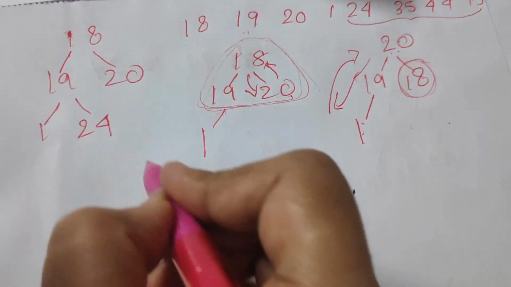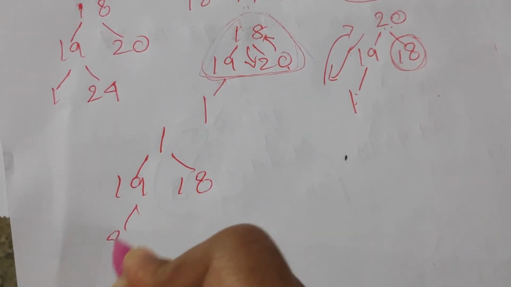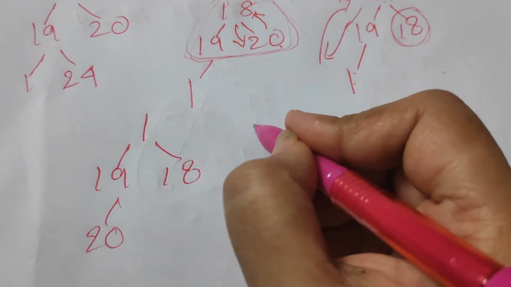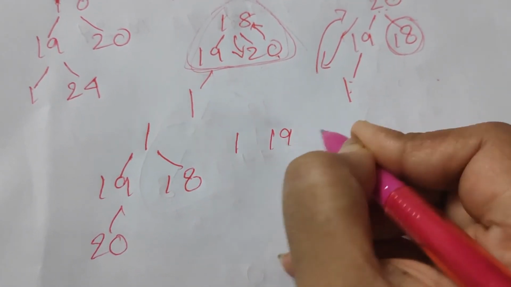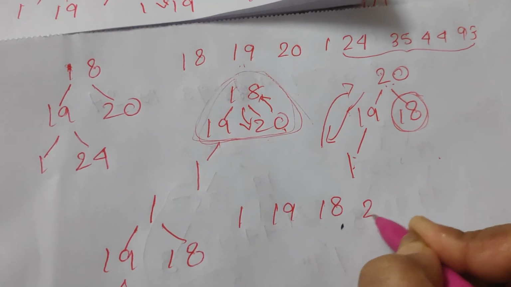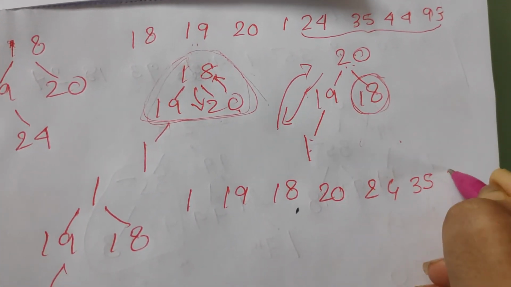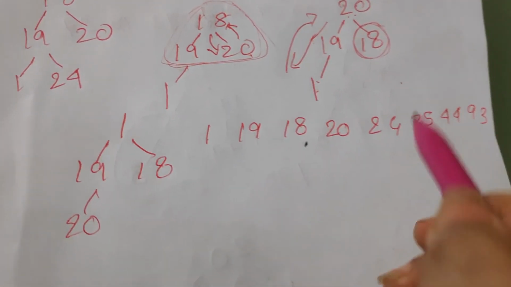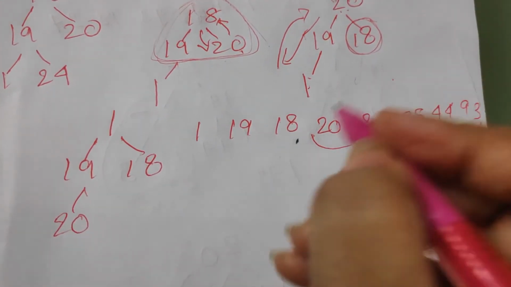So it will be 1, 19, 18 and 20. So now the array will look like 1, 19, 18, 20, 24, 35, 44 and 93, correct? So now these 5 nodes have got their position.